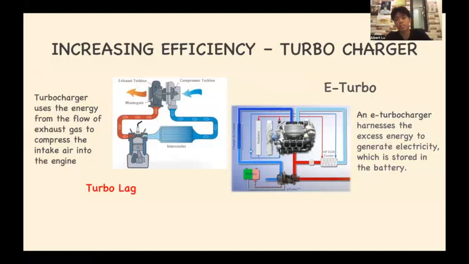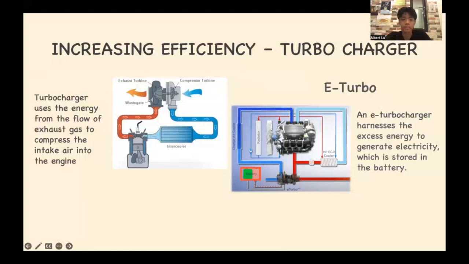And then here's a new design of turbocharger recently called the e-turbo, or e-turbocharger. The e-turbocharger harnesses the excess energy to generate electricity, which is stored in the battery right here. So basically, it does not use the energy from the exhaust gas to rotate the turbo. Instead, it uses the electric energy from the battery, so that it will produce an instant boost from the engine.